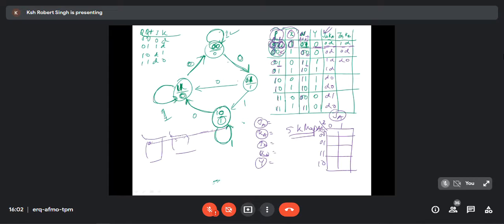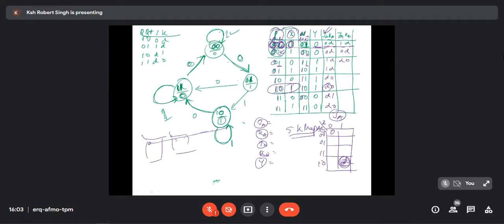Just look here. 0, 0, 0. What is my Y? What is my J? In my case, I'm writing only J. So J should be 0. And then 1, 0, 1. Where is 101? 101 is this box. In this box, what should be my JA? JA should be D, don't care.